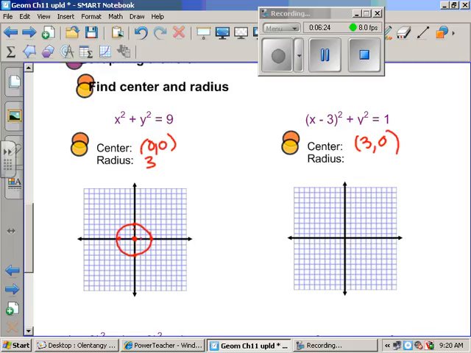Okay, and what would my radius be, Charles? 1, because the square root of 1 is just 1 again. Good. So if I'm going to graph it, I would say 1, 2, 3, 0. And then the radius is 1, so I just go right 1, up 1, left 1, down 1, and draw in my circle.